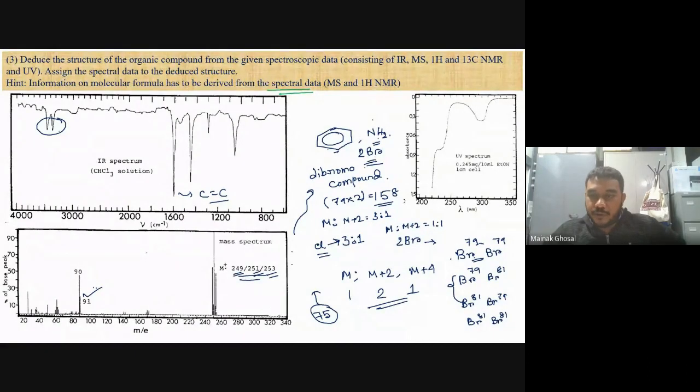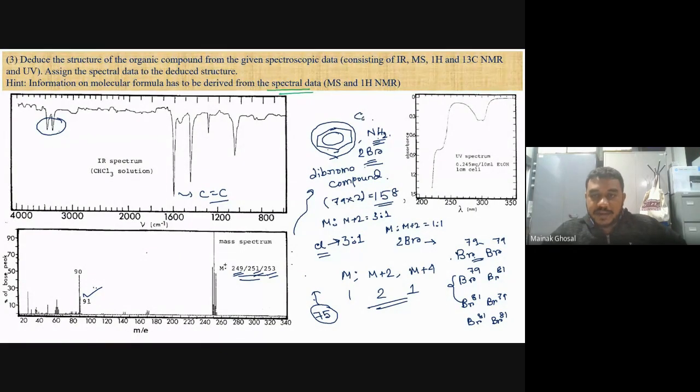If you lose two bromine, you are left with 91. If you lose NH2, you are left with 75. Now you need to check whether this aromatic ring corresponds to 75 or not.